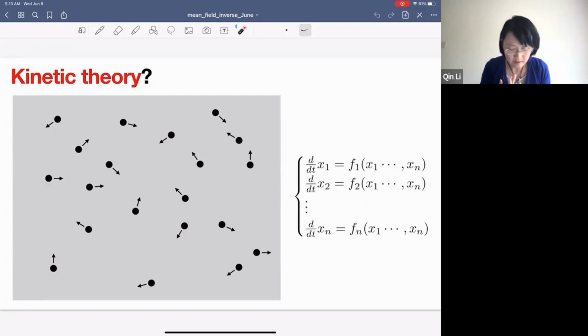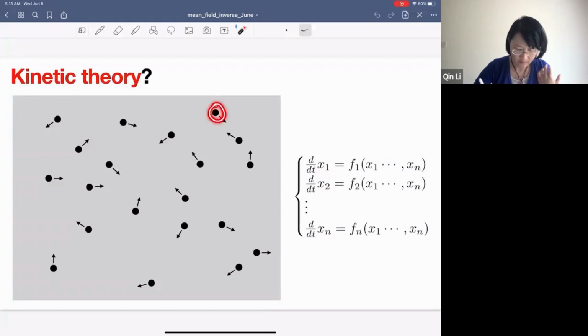So what is kinetic theory? Kinetic theory is basically the following. Suppose you have a box of particles, and all these particles interact with each other. In order to describe the dynamics of these particles, there are the following two ways. The first way is to say, I just trace the trajectory of each particle.